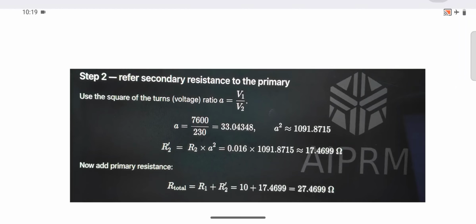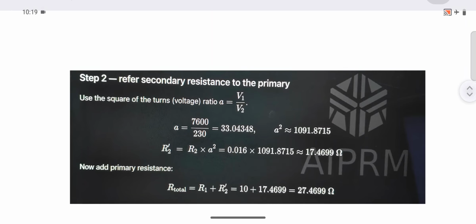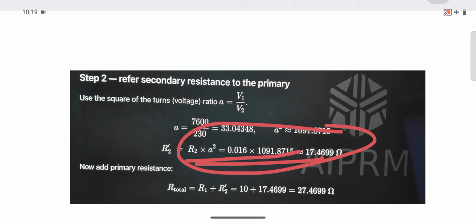Now we have to calculate the secondary resistance referred to primary. What we will use is this formula, R2 dash. R2, the secondary coil resistance, is already given. So use this formula, then we will refer the secondary resistance to the primary. Now, what will be the primary resistance?